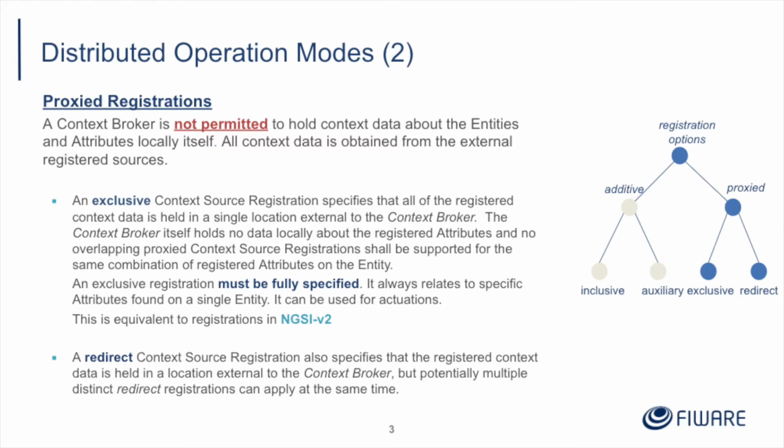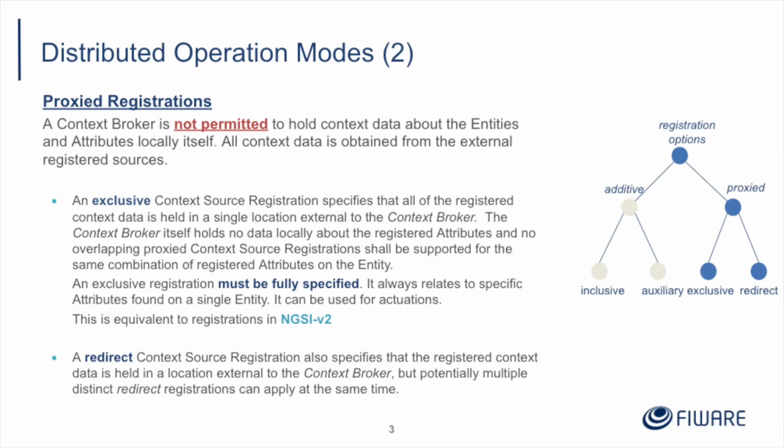I want to keep my payroll system separate from something else. Or indeed, if you're talking about something with security implications, I want to keep the health information for different people in different context brokers or different tenants of different context brokers.